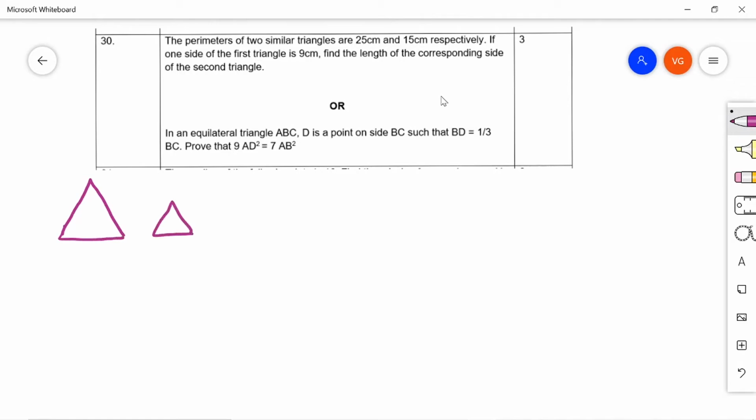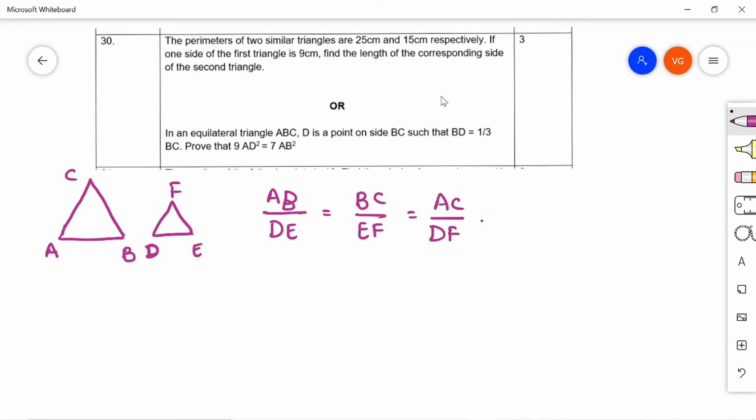Here they are talking about the triangles. So I am considering two triangles ABC and DEF. These two triangles are said to be similar when the ratio of the corresponding sides are equal. So AB by DE should be equal to BC by EF should be equal to AC by DF.